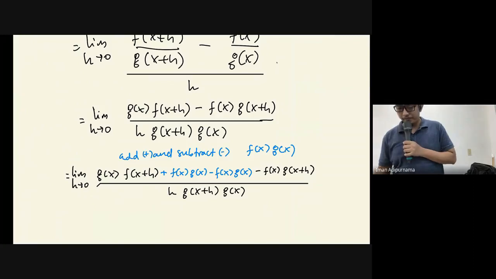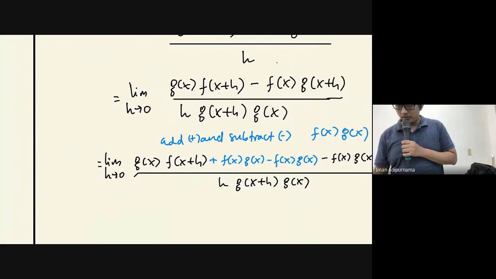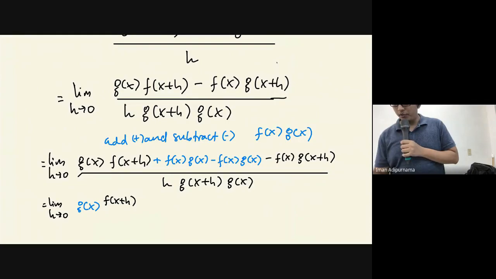So we need to achieve that form also in the quotient rule. So let's group. First grouping the g(x): the first g(x), you have f(x plus h), and then you are grouping with the minus g(x) from this part, from minus f(x) g(x), so you can minus with f of x.